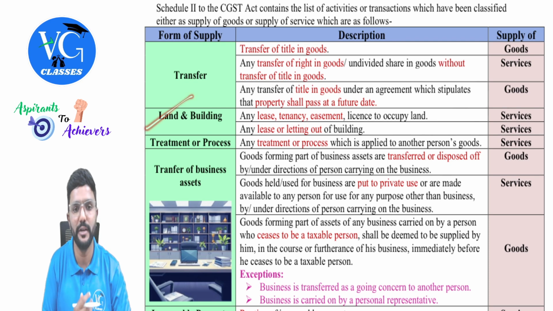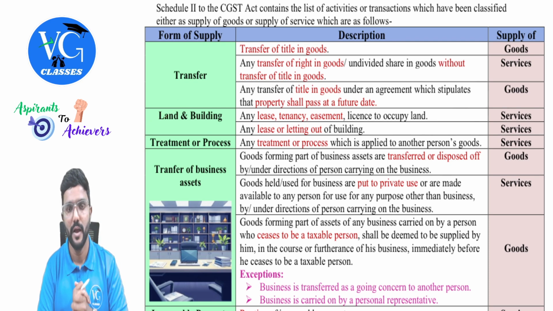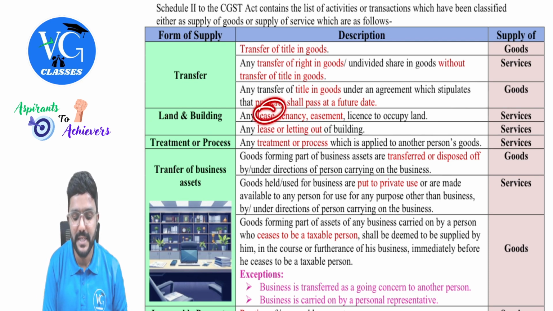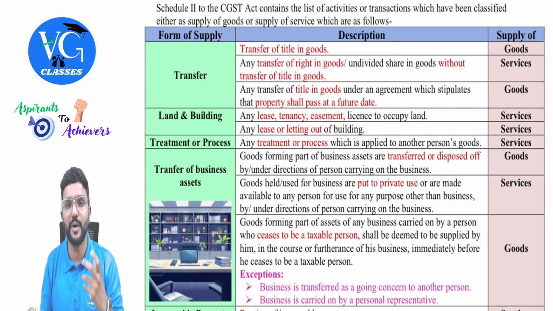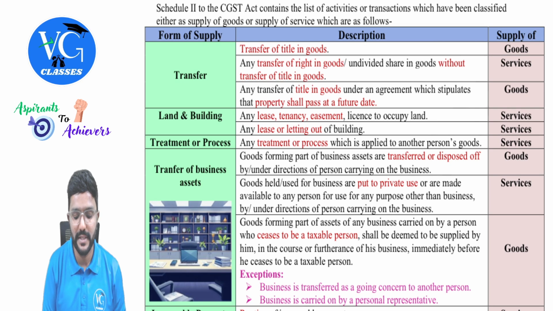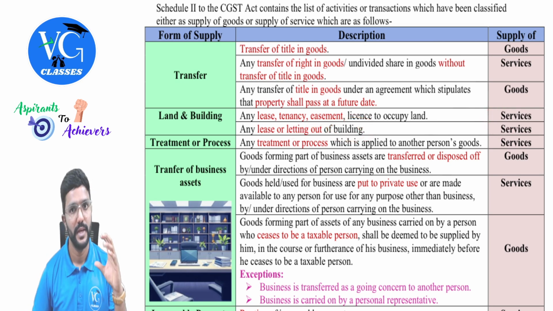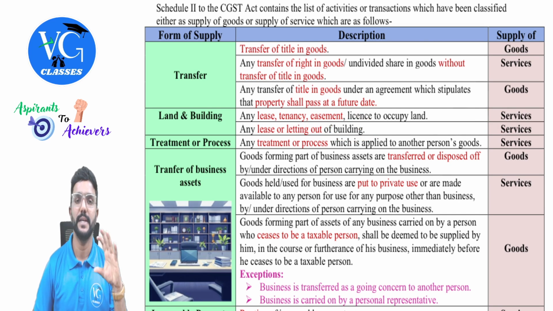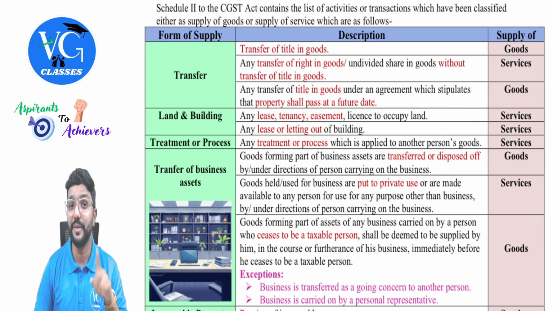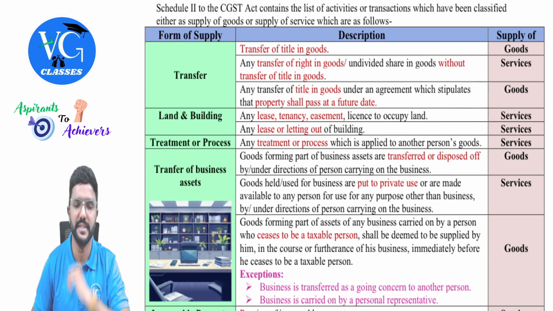Then coming to land and building, which is immovable. Any lease, tenancy, easement or license to occupy the land, or any lease or letting out of a building, is a supply of services, guys. Please be careful: sale of land or building is not covered here. Only renting it out or giving it on lease, where only a right is given.